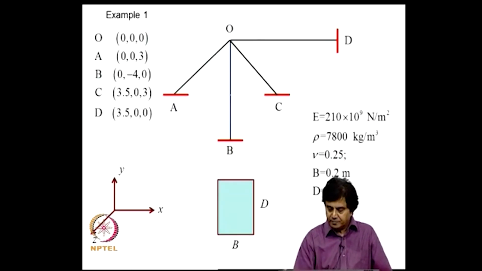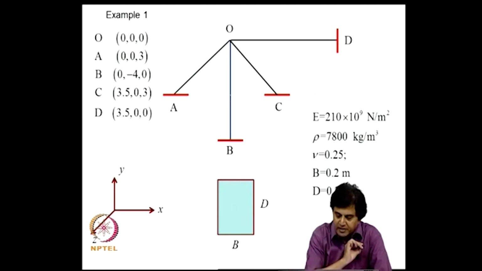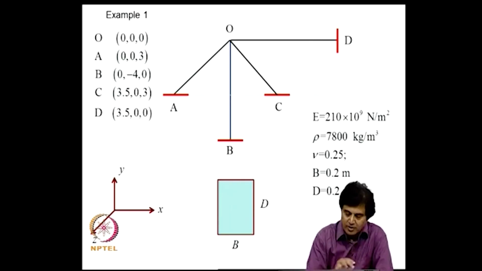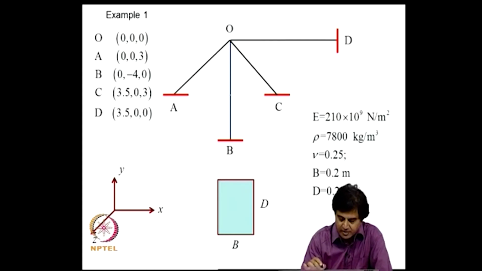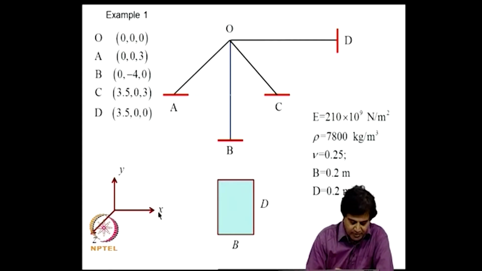Now, let me consider a couple of simple examples. Let us consider a 4 member 3 dimensional frame. The coordinate system x y z is shown here. There is a member OD along the x axis, OA along the y axis, OC in the xz plane and OB along the y axis.